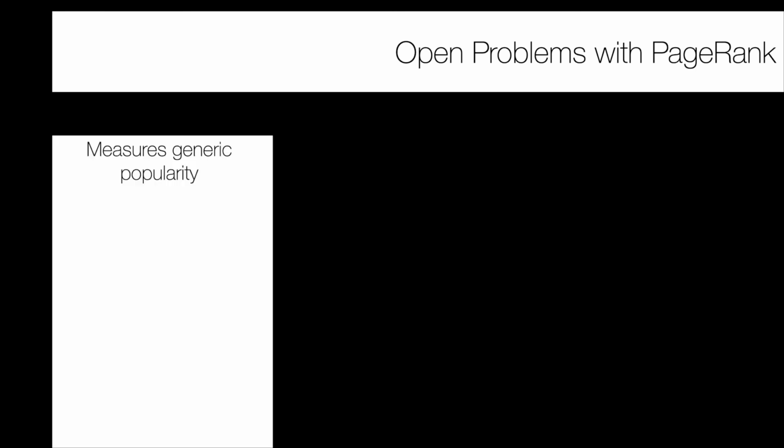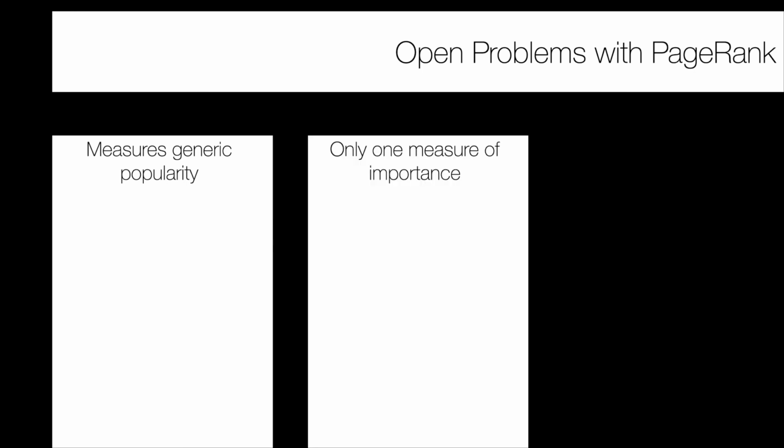But even if we deal with issues of spider traps and dead ends and all these things, and integrate that PageRank approach with the information retrieval approach I just showed you, there are still some open problems here. First is that PageRank really only gives us generic popularity, so there's no real way to differentiate between pages that are about animals versus pages that are about science versus pages that are about medicine.